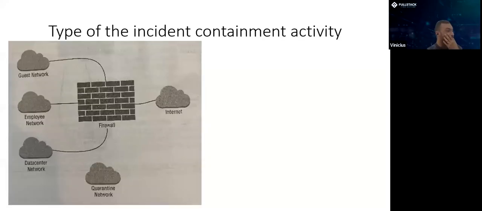Now let's talk about incident response when you have some network that is infected. So in this case, the quarantine network is the cloud that you see on the bottom. It's isolating some part of the network. So what kind of isolation or containment do we call this kind of network?